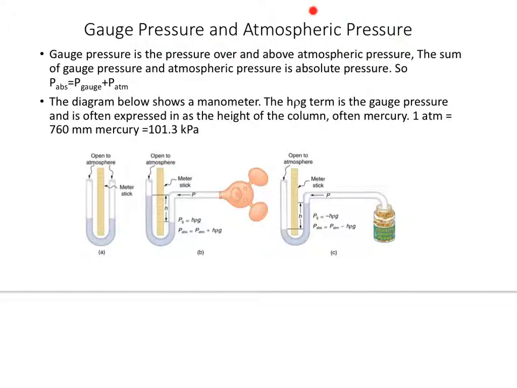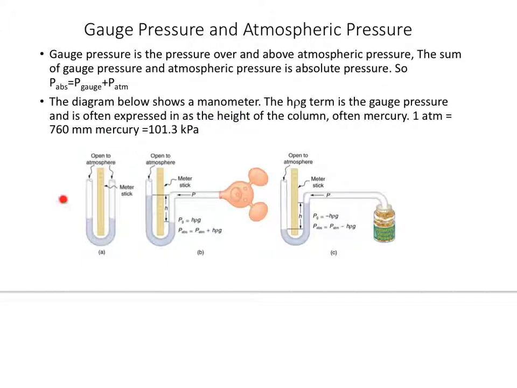Gauge pressure and atmospheric pressure. Gauge pressure is the pressure over and above atmospheric pressure. So therefore, the sum of the gauge pressure and the atmospheric pressure is what's known as absolute pressure. Okay, so these three diagrams show something called a manometer.